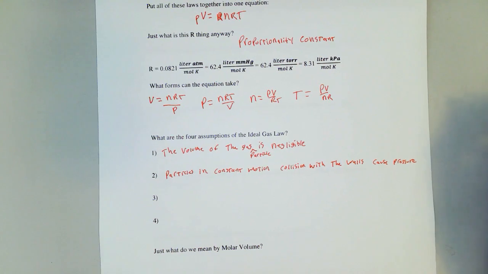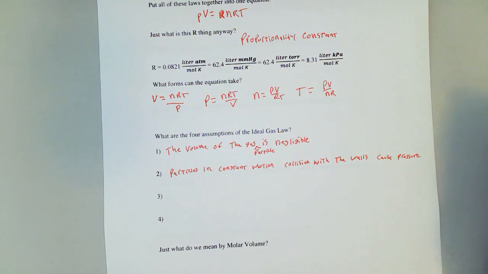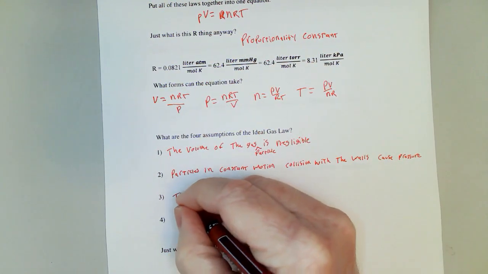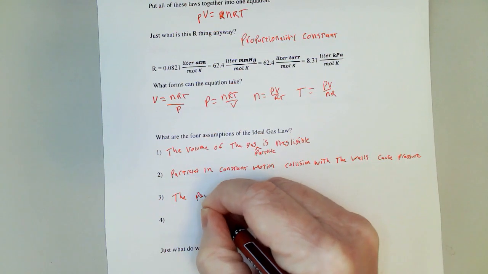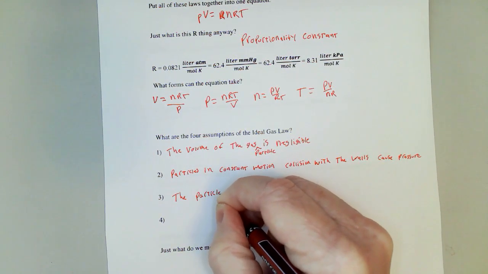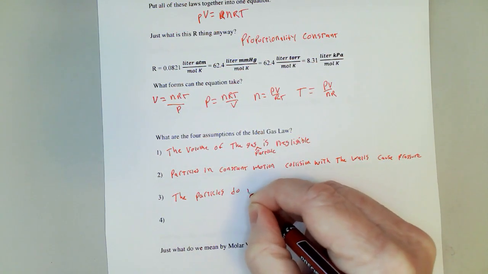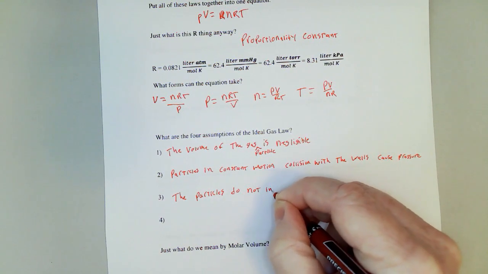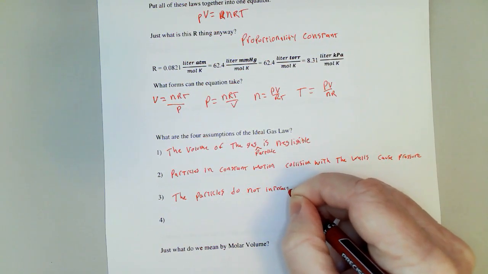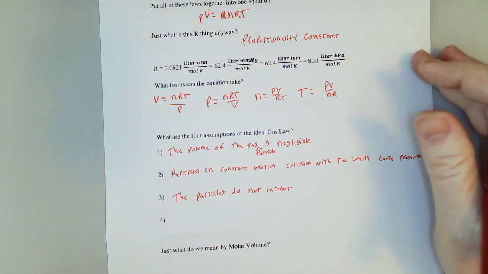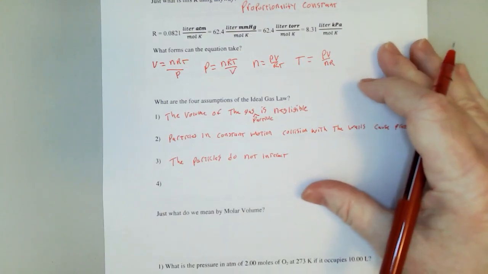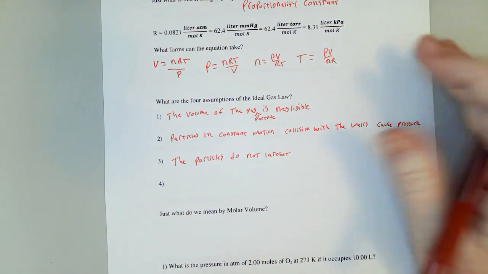And that's a pretty good statement. It's pretty much true. Third, the particles do not interact. Not true. Actually, they do interact. But for this equation, we say they don't.